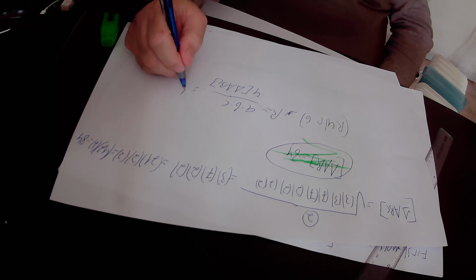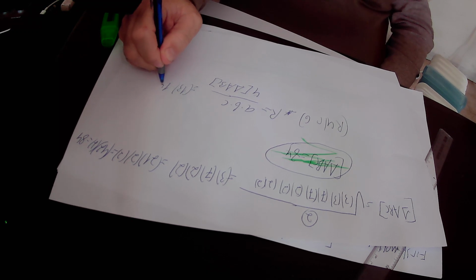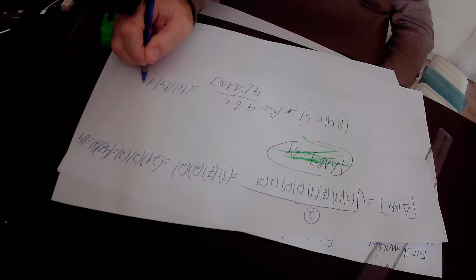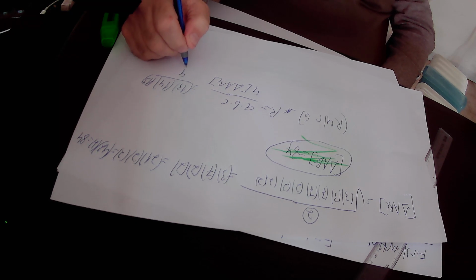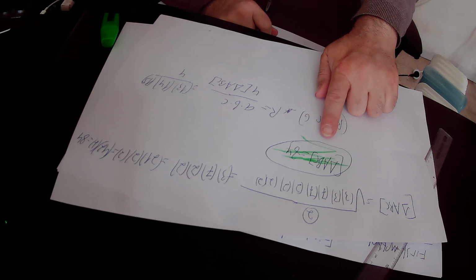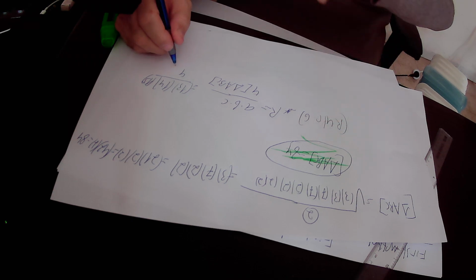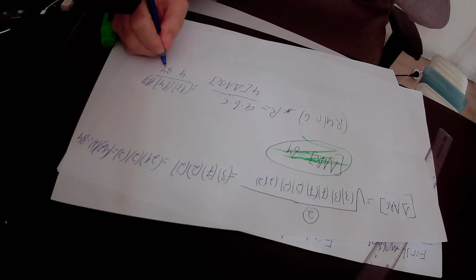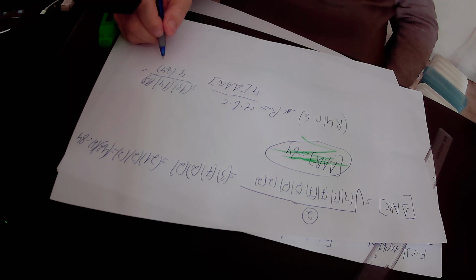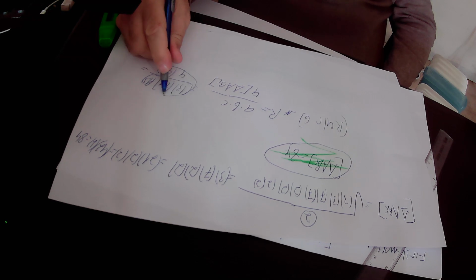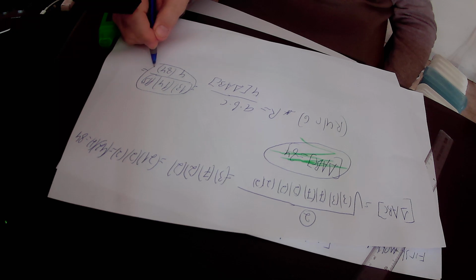A is 13, B is 14, and C is 15, over 4 times the area of triangle ABC. We just found out that the area of triangle ABC equals 84 square units. So the area of triangle ABC is 84, 4 times 84. So we will divide both the numerator and the denominator of this expression by 14.